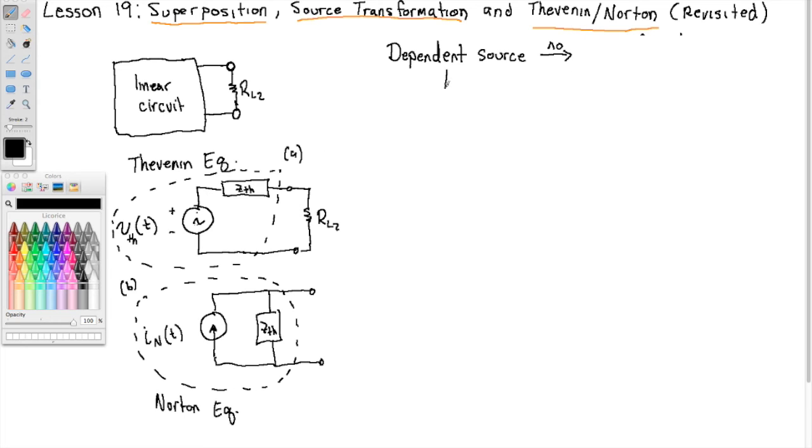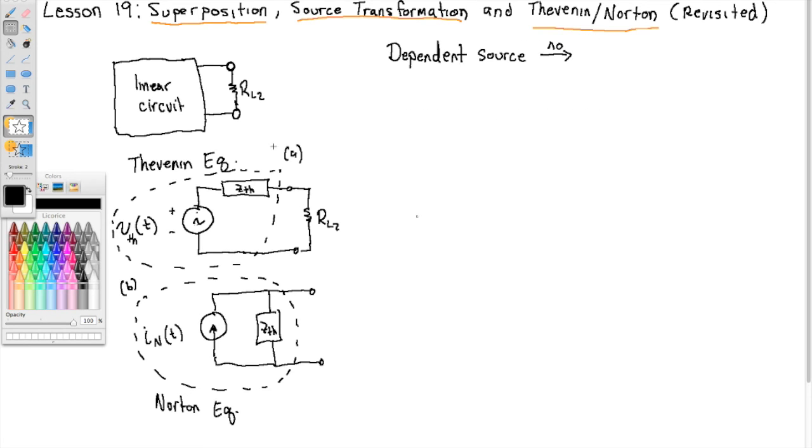If the answer was yes, well, we had a few more steps, and it was much more complicated if there was a dependent source. And so that's actually a little bit out of reach for our class. For AC circuits with dependent sources, the Thevenin equivalent. So we're not going to worry about that. I will not ask you to find the Thevenin equivalent of an AC circuit with dependent sources. So we're only going to look at circuits with independent sources.